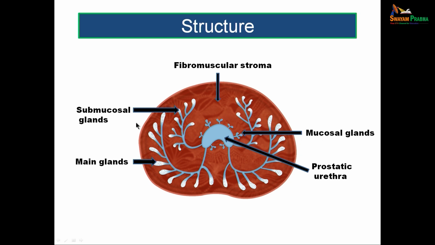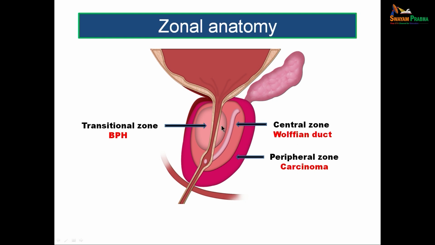And the main glands, which occupy the lateral and posterior aspects of the gland, will open into the prostatic sinus on either side of the urethral crest and the verumontanum or the colliculus seminalis.